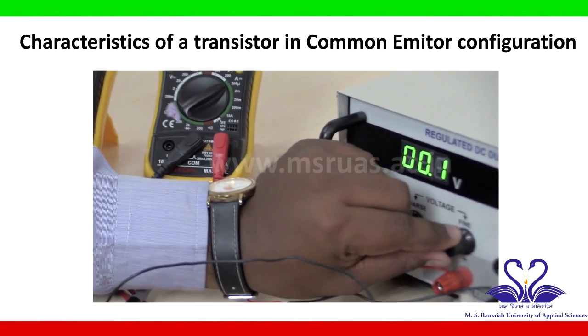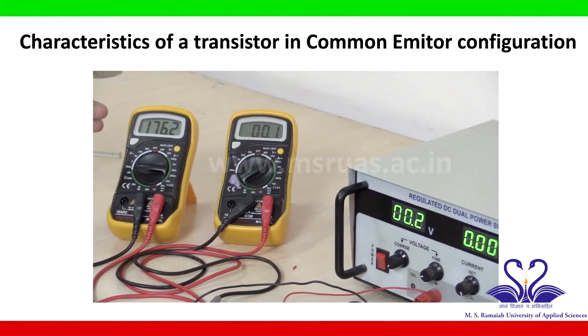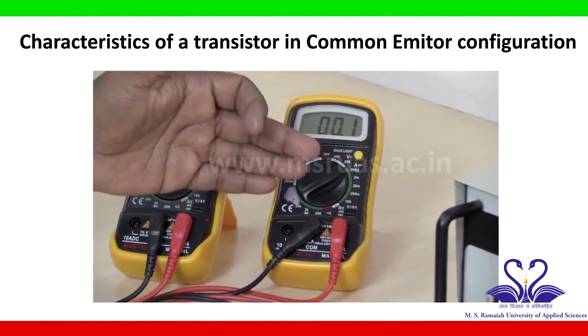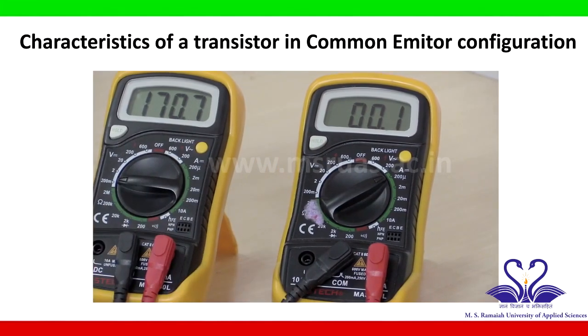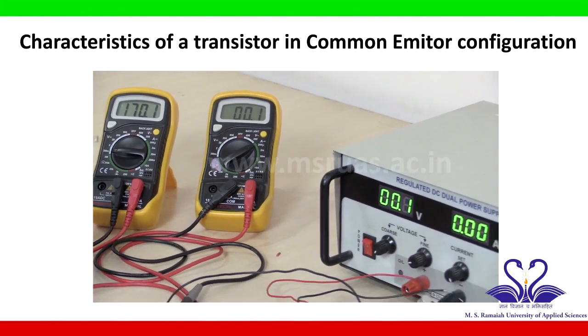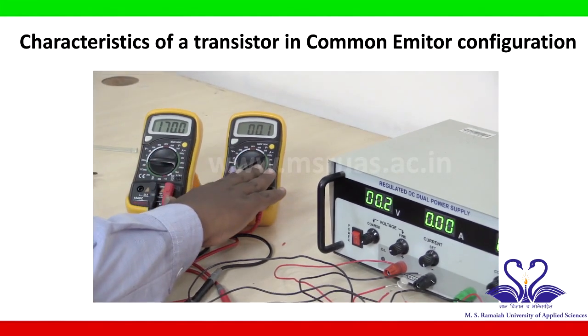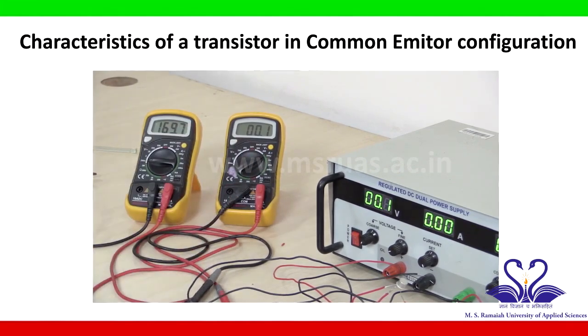And now you increase in steps of 0.1 up to 1 volt as I mentioned, and note down the corresponding VBE and IB. So repeat this process till we reach the VBB of 6 volt, and note down the corresponding VBE and IB value in the given tabular column.